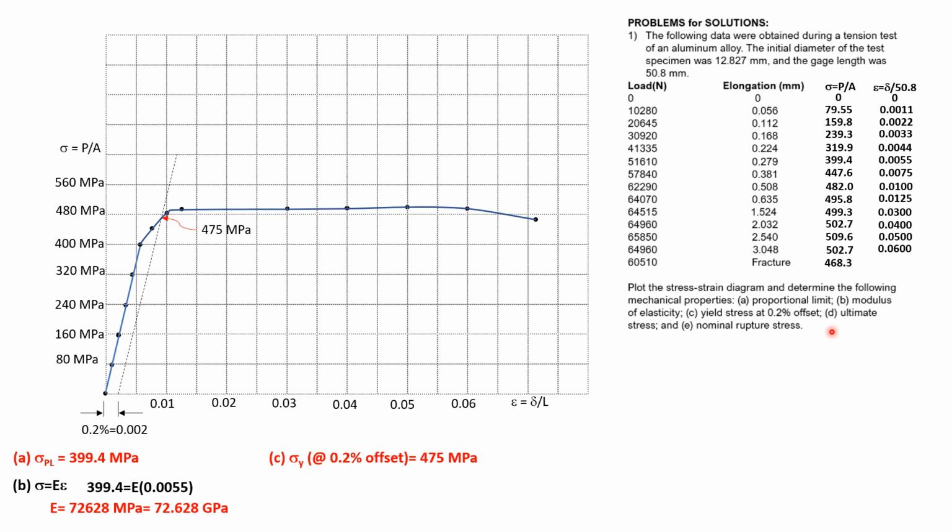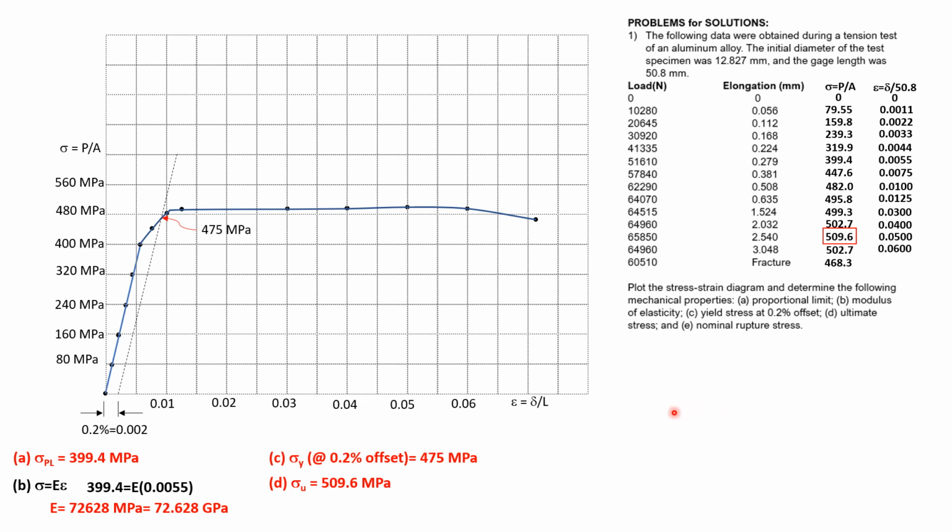Then letter D, ultimate stress. The ultimate stress is the highest stress or the highest ordinate in the stress strain curve, and the highest is this point here at strain of 0.05. Therefore, the ultimate stress or ultimate strength is 509.6 megapascals.